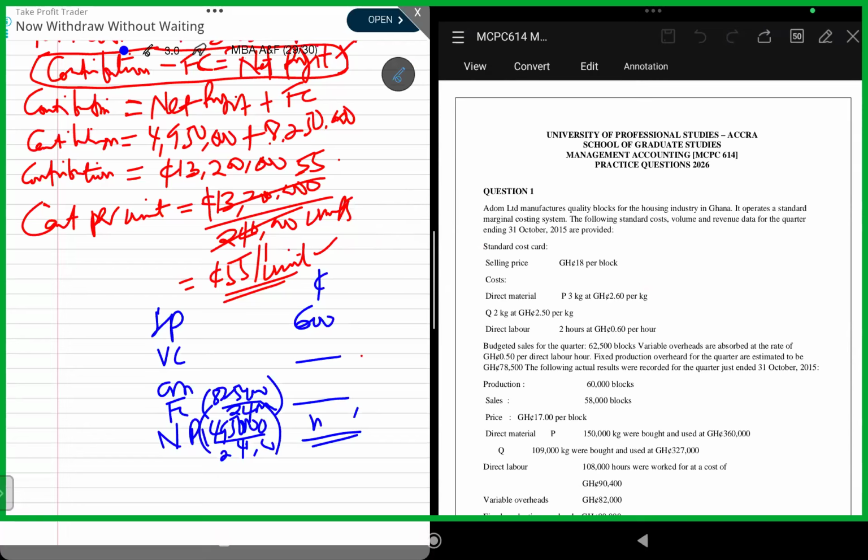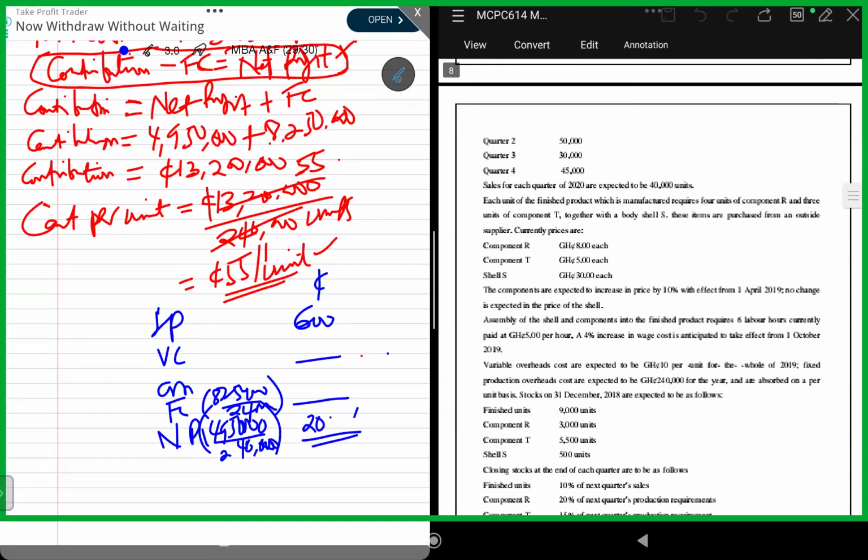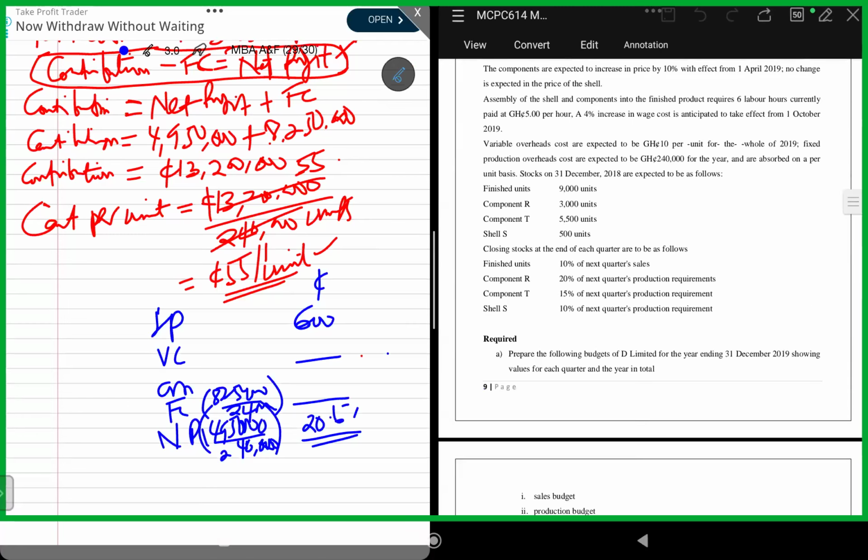Okay, let's try it. 4,950,000 divided by 240,000. What do we have? Please, let's be quick. 20.63. Then the fixed costs, we have 8,250,000 divided by the total units of 240,000.